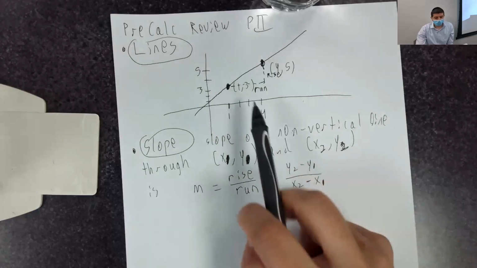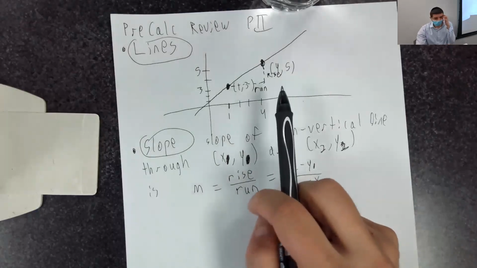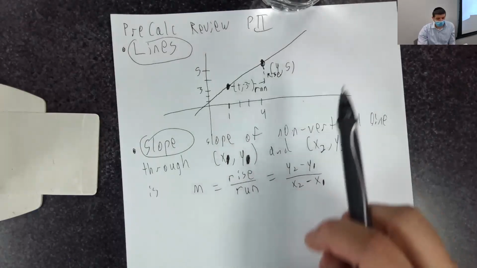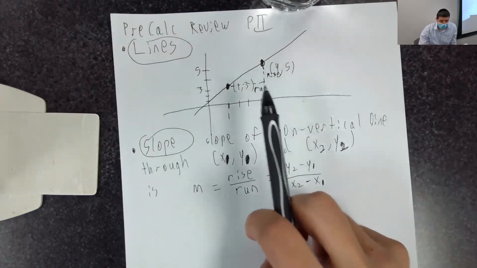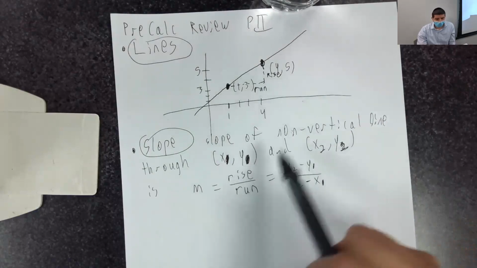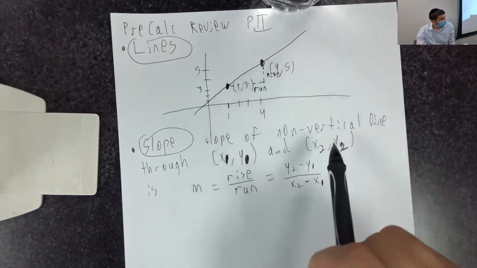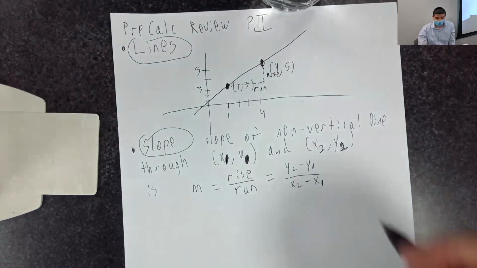It doesn't matter which point you pick as x1, y1, you'll get the same answer in the end. You could pick x1, y1 to be 1, 3, or 4, 5, as long as you stay consistent.